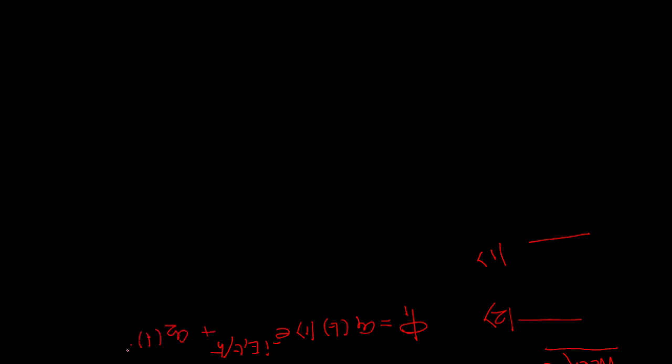For it, start with a simple two level system where the superposition of two states is written as a1 psi 1 e to the i e1 t over h cut plus a2 psi 2.